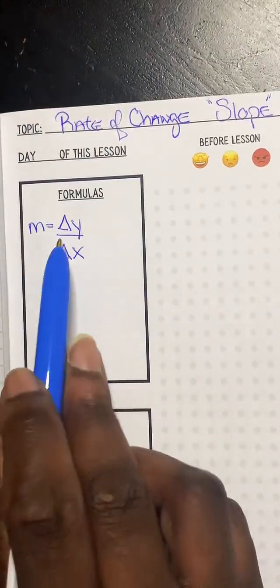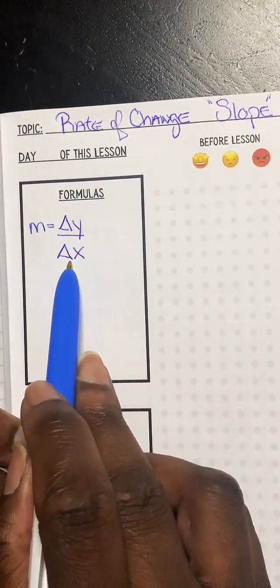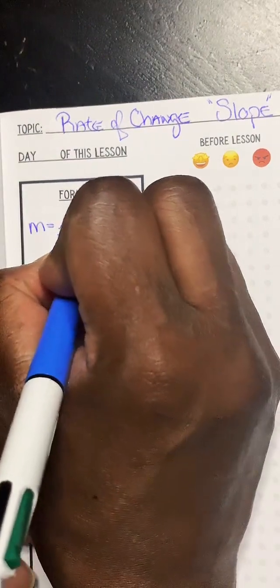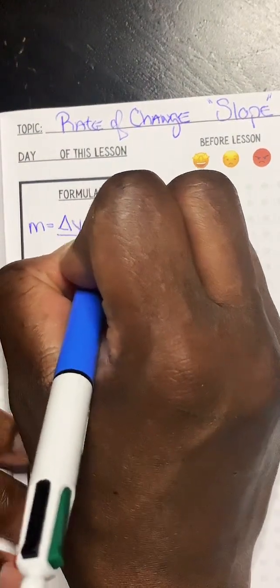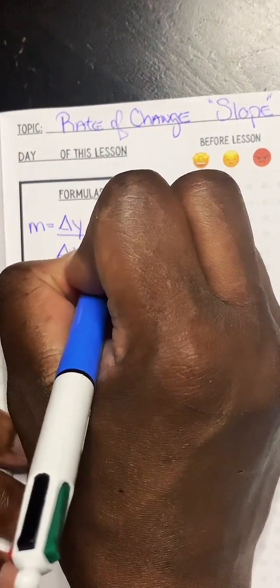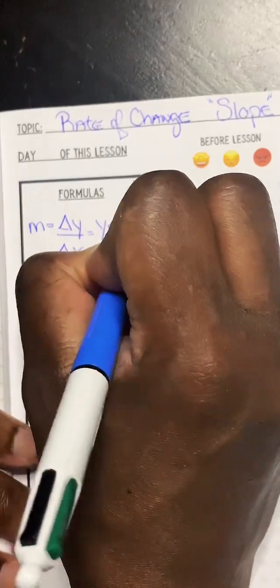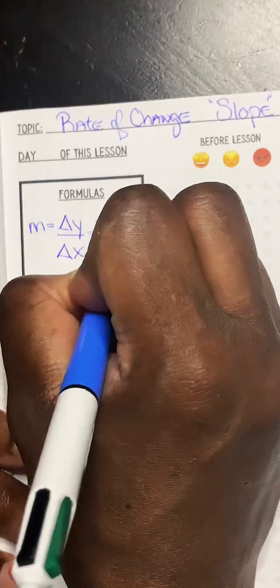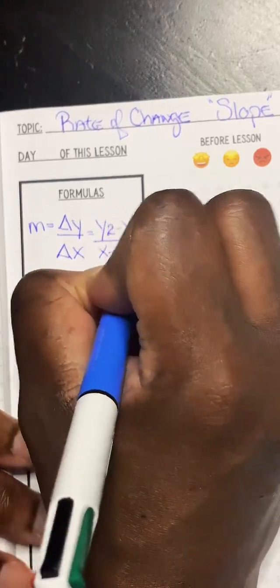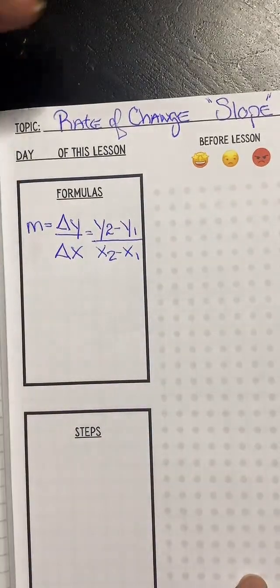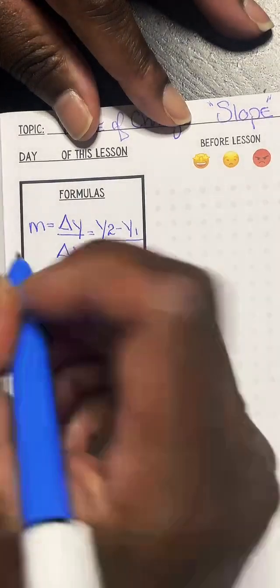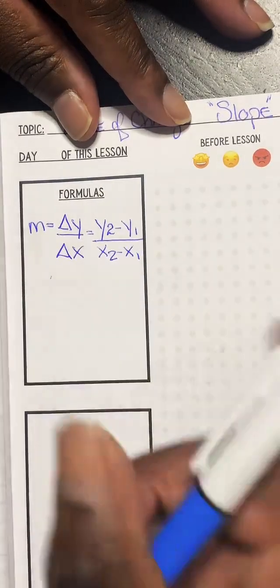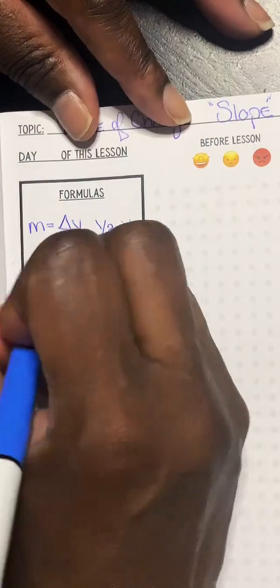So slope is the change of y over the change of x. So a lot of people will know it as y2 minus y1 over x2 minus x1.